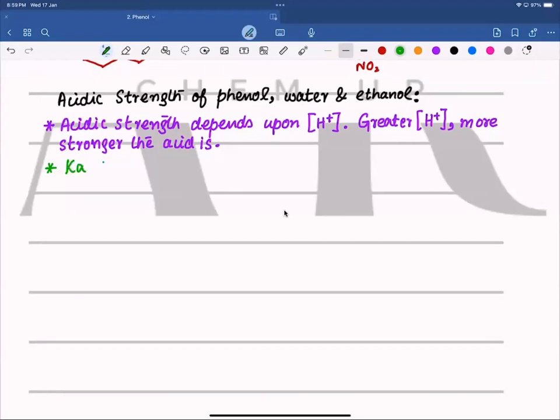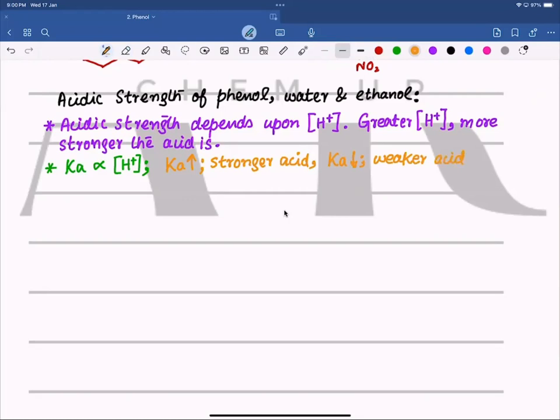One is that the acid dissociation constant Ka is directly proportional to the concentration of hydrogen ions, which means that if the Ka value is greater, then it is a stronger acid, and if the Ka value is smaller, then it is a weaker acid, right?